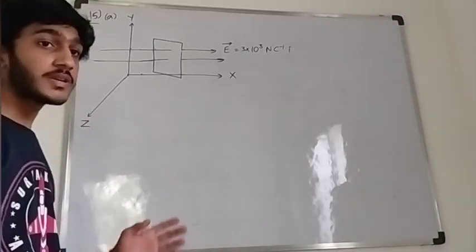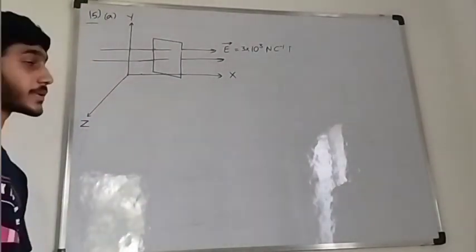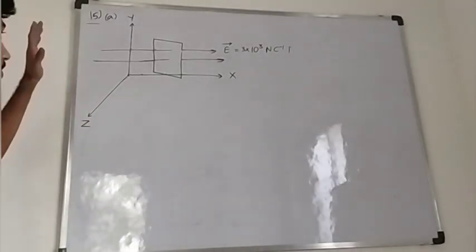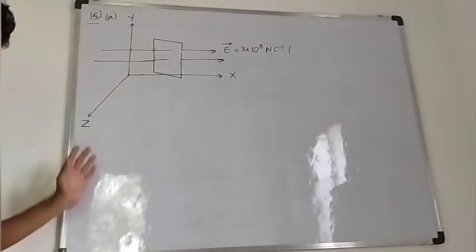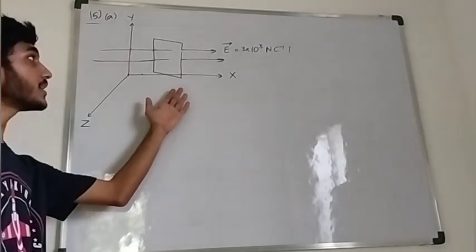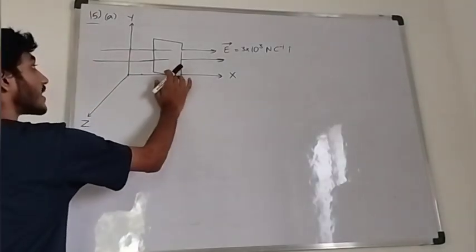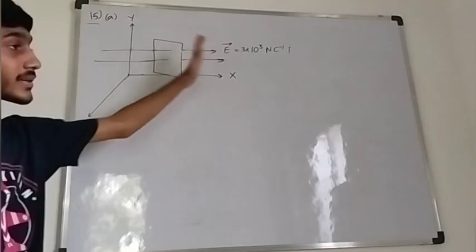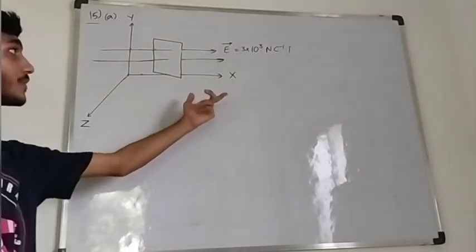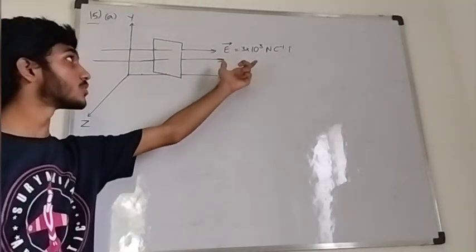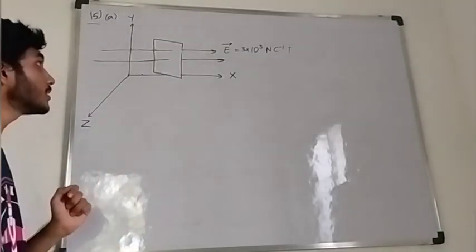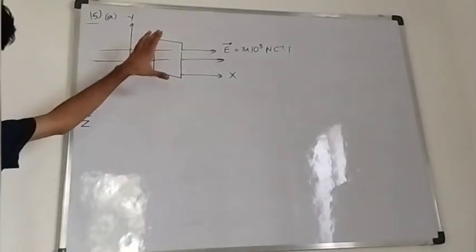So this is the 15th question and the part A of it specifically. Here there is a coordinate system x, y and z, and there is a plane here. I guess it is looking like a plane, yeah. And there is an electric field going in the i cap direction, which is the positive x axis, which value is 3 into 10 to the power of 3 Newton per Coulomb. And there is a plane here.